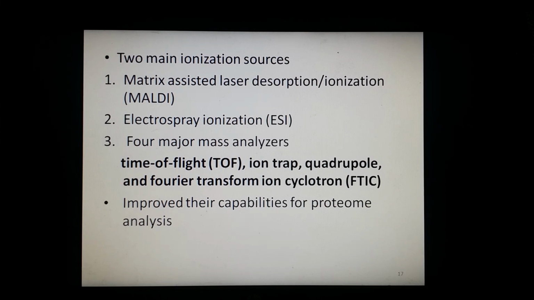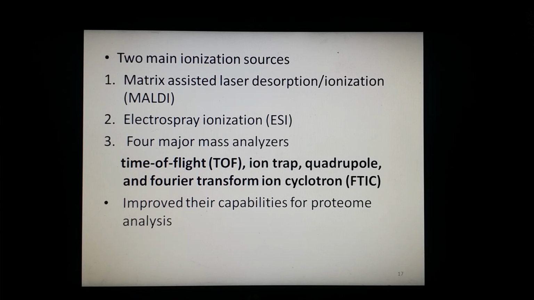And then there are four major mass analyzers: number 1, time of flight; number 2, ion trap; number 3, quadrupole; and number 4, Fourier transform ion cyclotron, abbreviated as FTICR, and these are currently used for protein identification and characterization.